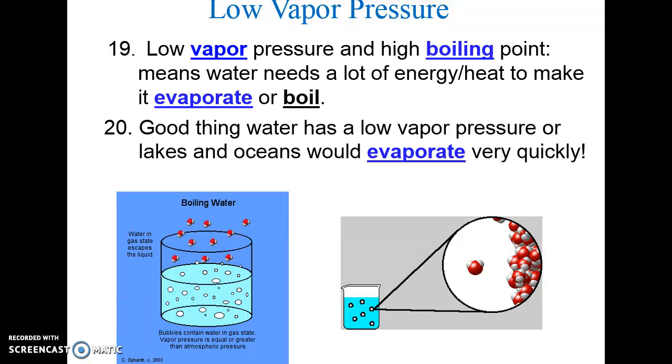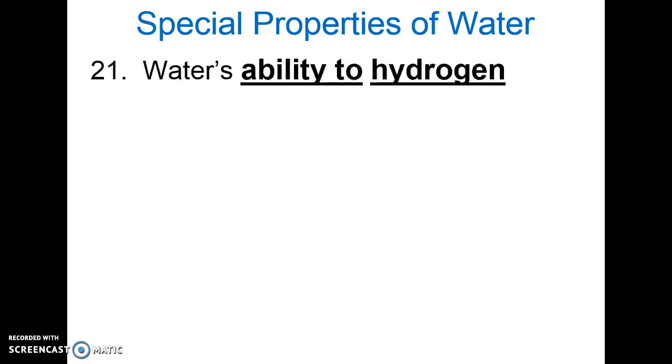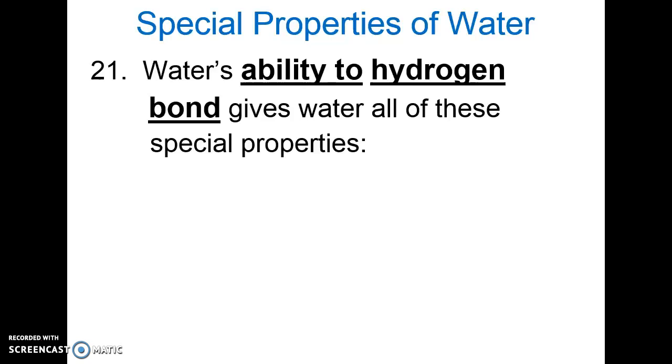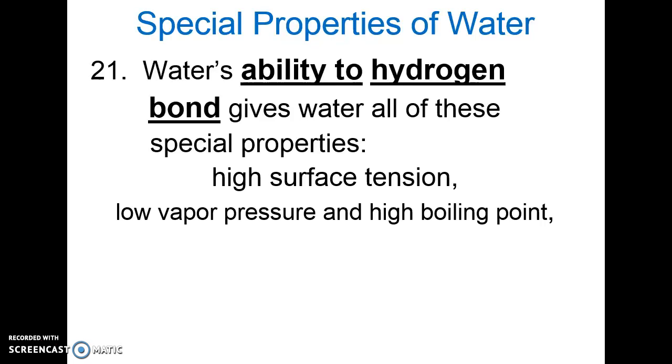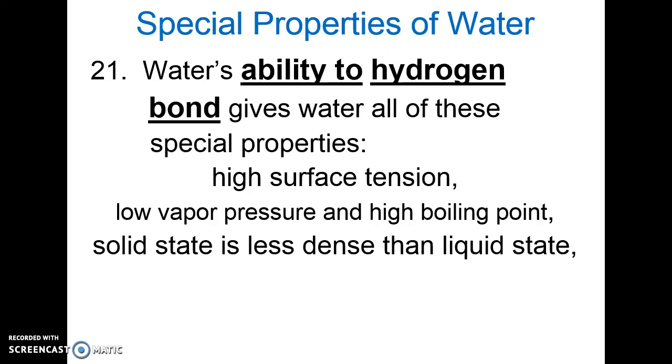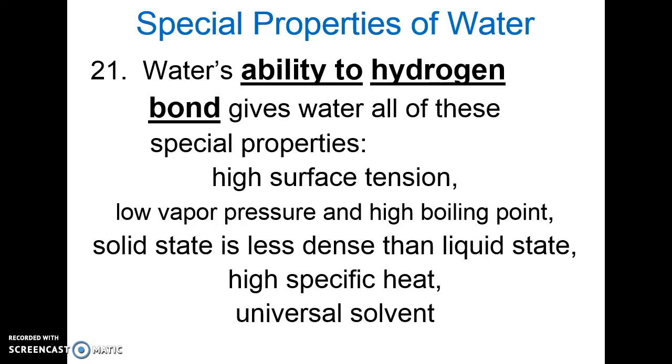Water has low vapor pressure, or lakes and oceans would evaporate really quickly, and what would happen? All of our sea life would die. Okay, water's ability to hydrogen bond gives water all of those special properties. Again, why does water have high boiling point or low vapor pressure? Ability to hydrogen bond.